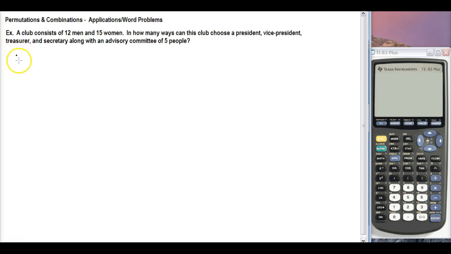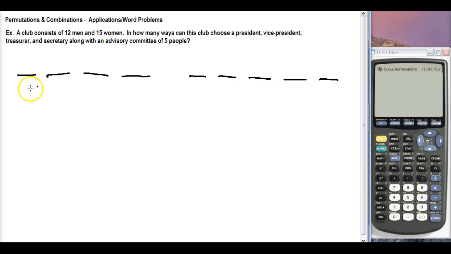Okay. So what I'm going to do here is make some spaces, and we'll make a space for the president. Then we make a space for the vice president, another space for the treasurer, and another space for the secretary. And then after that, we'll come over here and make our 5 spaces for our committee members. So we have president, the VP, treasurer, secretary, and then our committee members.